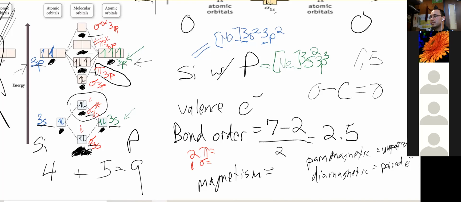One thing I thought was strange between these two examples: this one with the silicon and the phosphorus kind of makes sense, because you have that sigma bond first and then the pi bonds, which goes with what we've been learning, that the sigma bond gets filled first. That's the one between the atoms. I know.